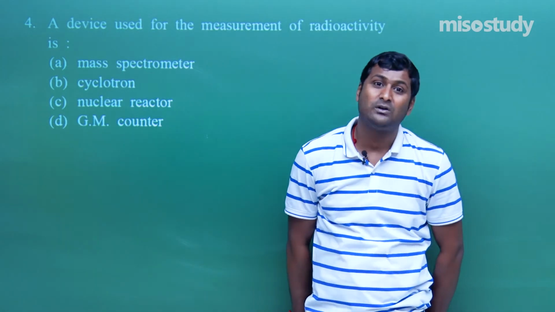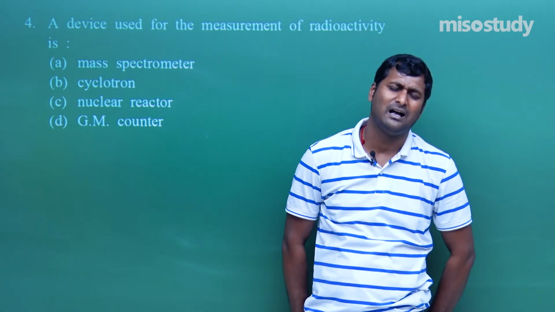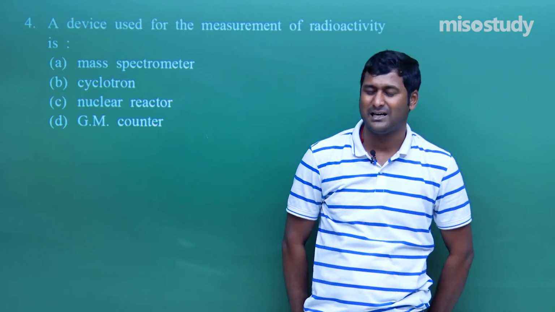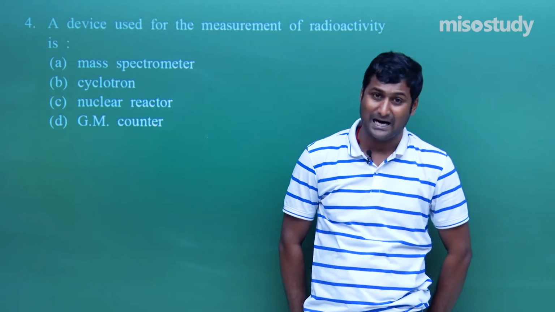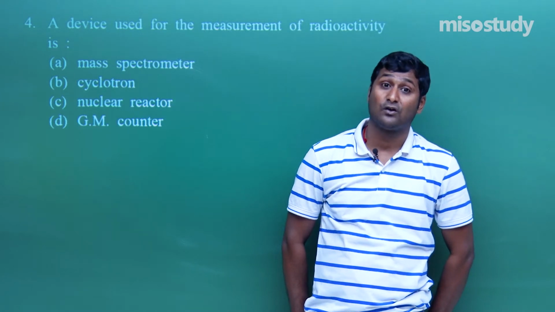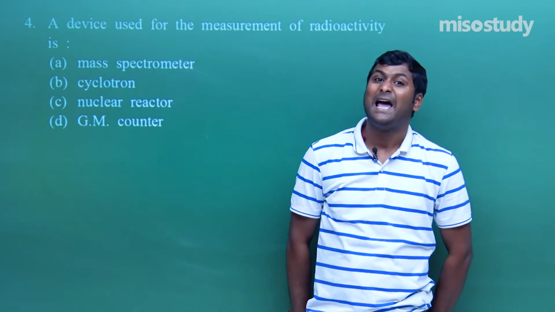Remember, the GM counter is used to count charged particles, that is alpha and beta rays. And what is a scintillation counter? It is used to detect gamma radiation, by using a phosphorescent material. Generally, which phosphorescent material do we use?